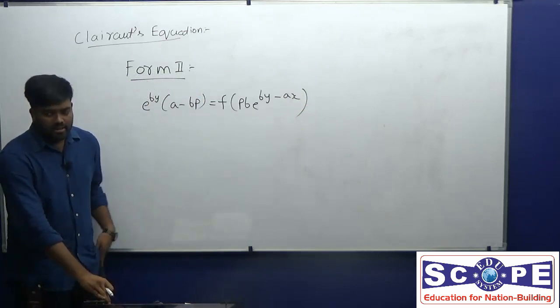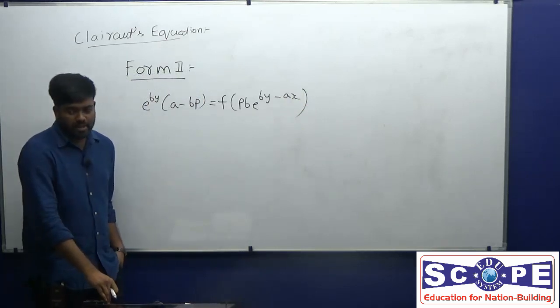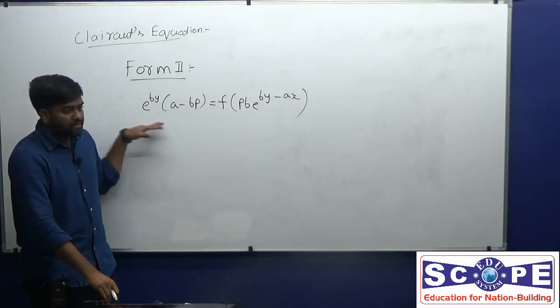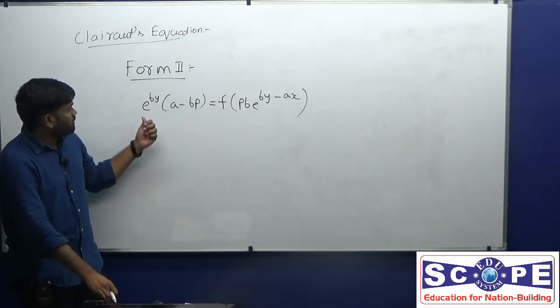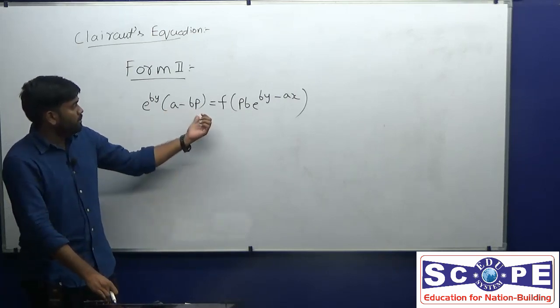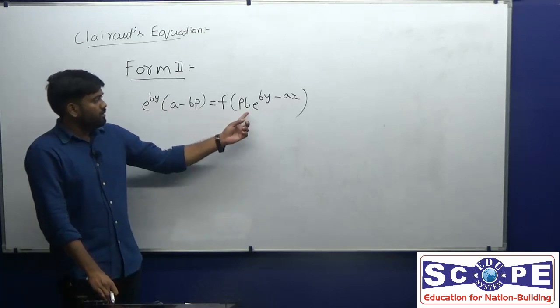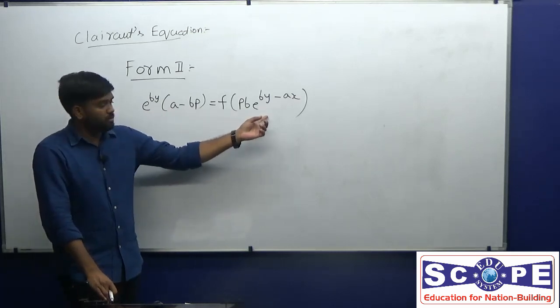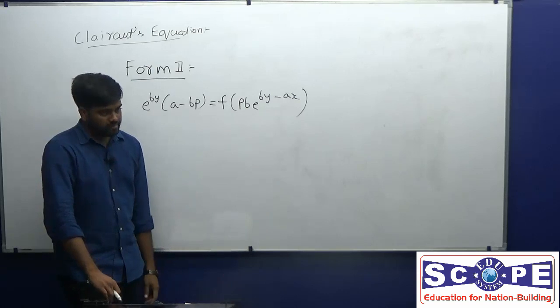Whenever we see e power x and e power y terms in an equation, we will try to get the equation in this form: e power by into a minus bp equals f of p into b into e power by minus ax.